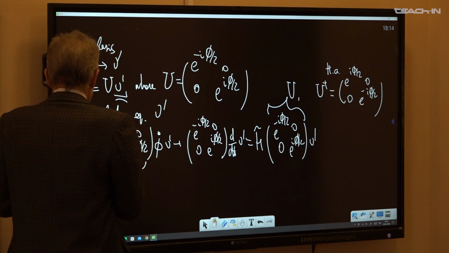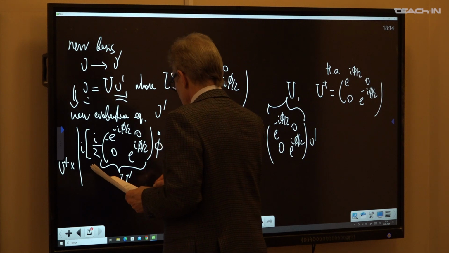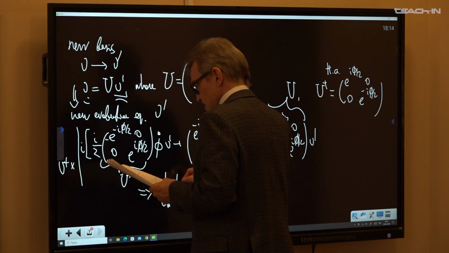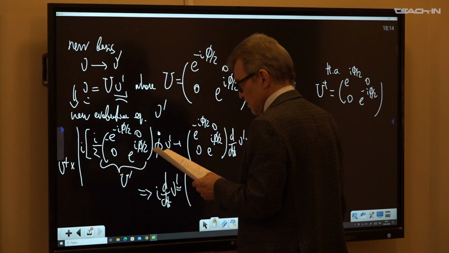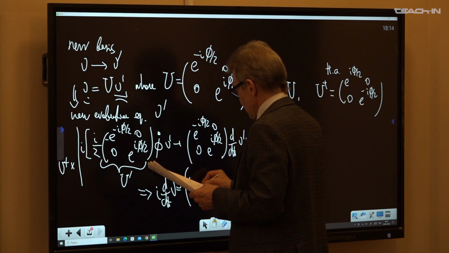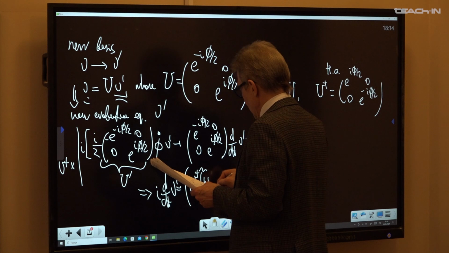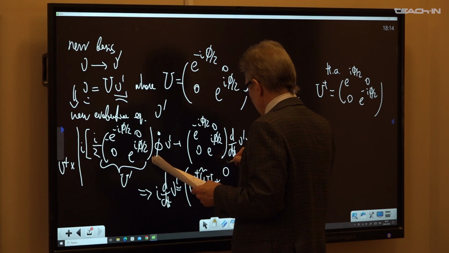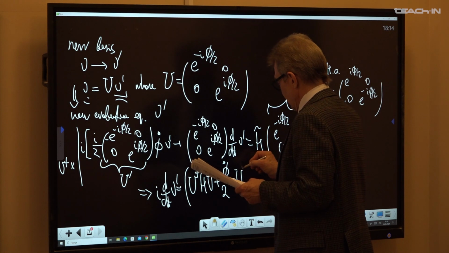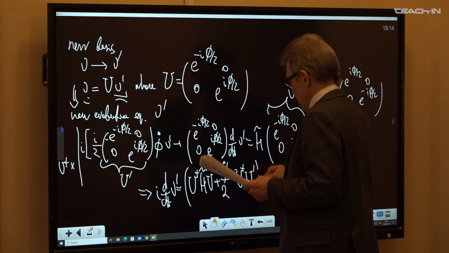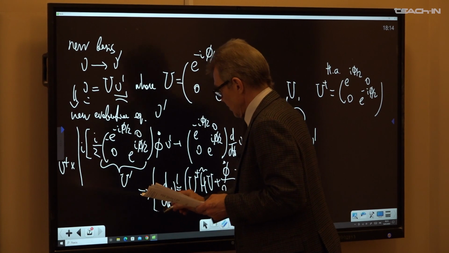And after this multiplication we get i d over dt nu prime, and here is the new Hamiltonian of evolution for neutrinos in the new basis: U cross H wave U plus phi dot, the derivative with respect to time, divided by 2, U cross U prime, acting on neutrino prime. This is what we get.